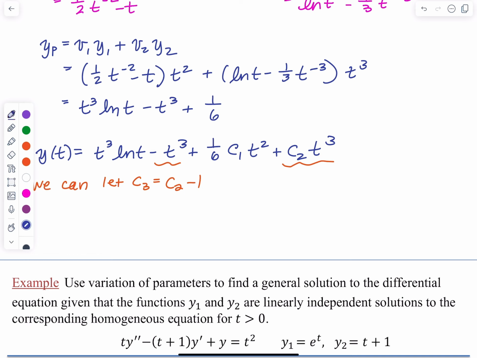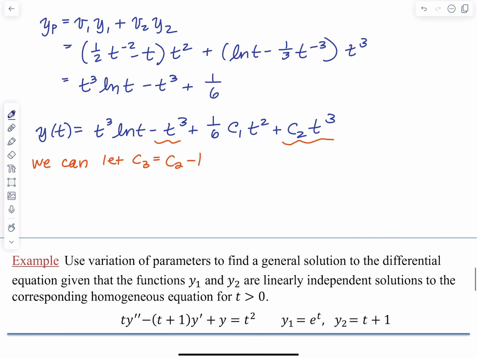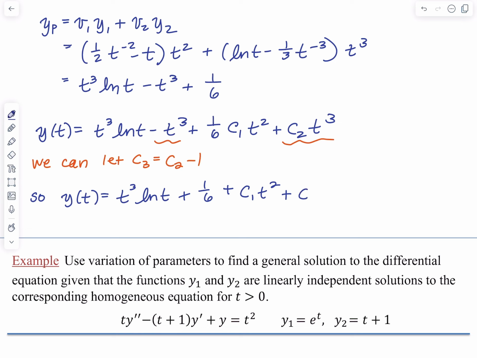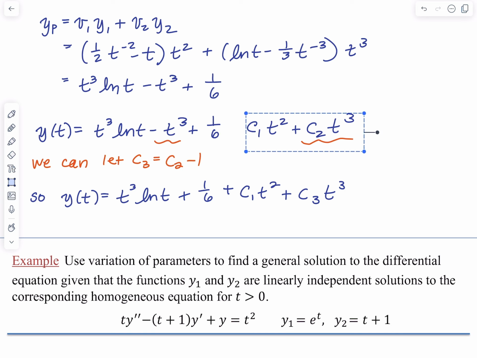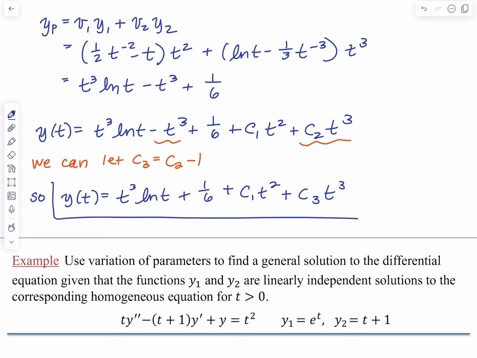And it doesn't have to be done that way. And to arrive at our general solution, t cubed natural log of t plus 1/6 plus c1 t squared plus c3 t cubed. And I can just see right here, I just did not put that plus sign in there, but now that makes sense. Okay.